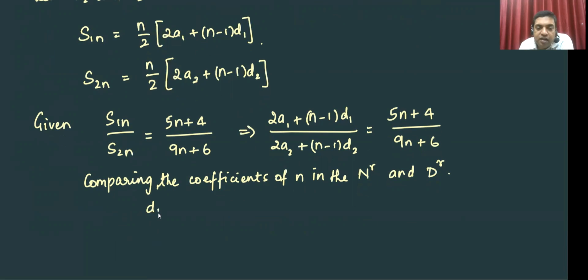So you get d1 is equal to 5. If d1 is 5, 5n. Now 2a1 minus d1 is 4. So 2a1 minus d1 is 4.